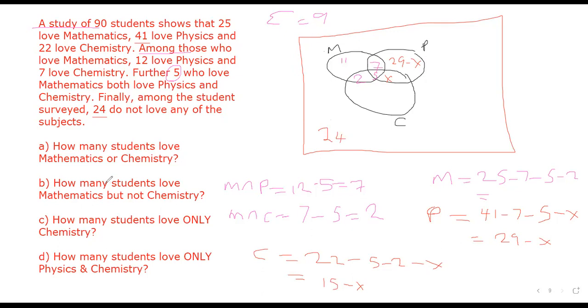For us to find the value of x, we are going to add everything, including both x's in physics and chemistry, and equate it to the total number of students, which is 90.